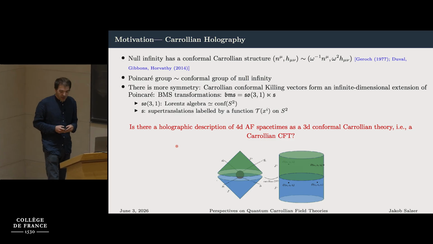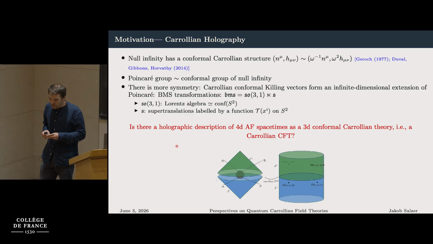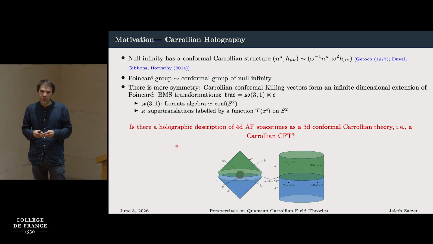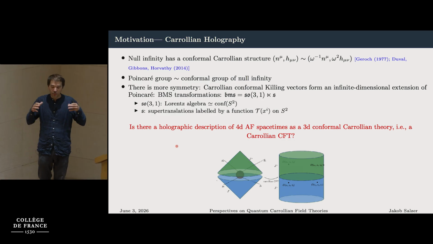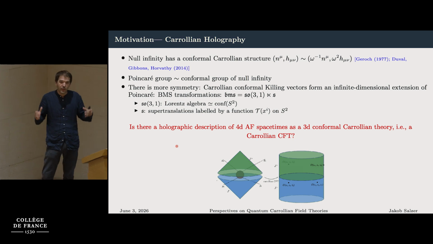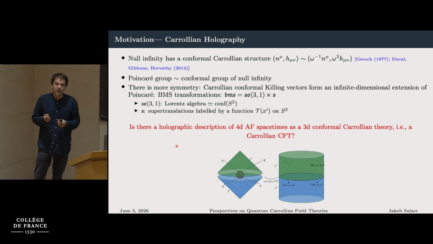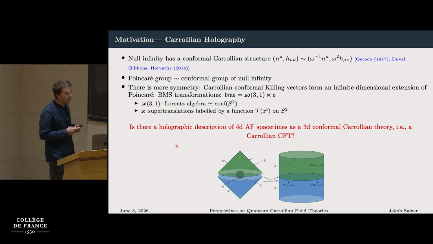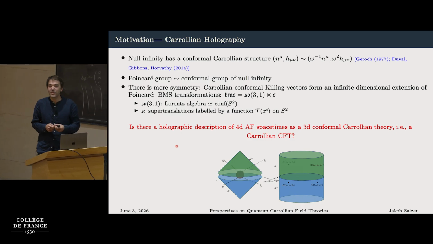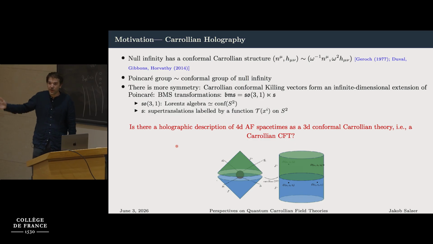Now, in case you're familiar with asymptotically AdS spacetimes, the situation there is very similar. The conformal boundary of an asymptotically AdS spacetime is equipped with a conformal class of Lorentzian metrics. And the AdS group, SO(3,2) in 4 dimensions, acts as the conformal group on this boundary.